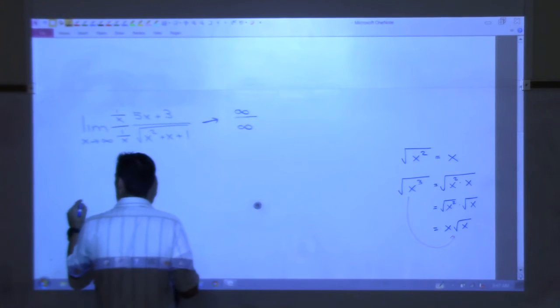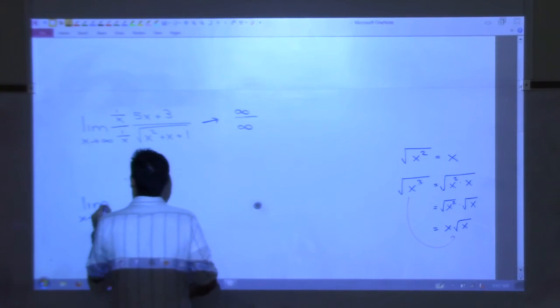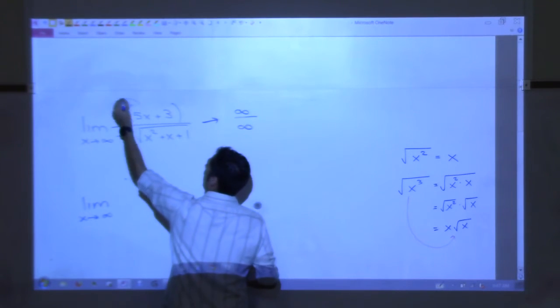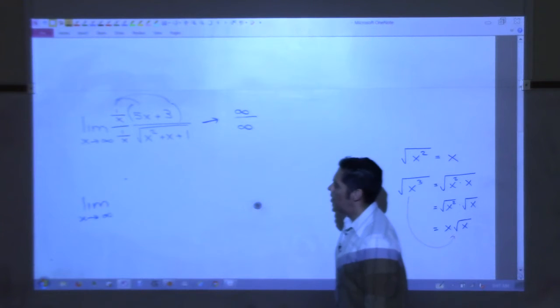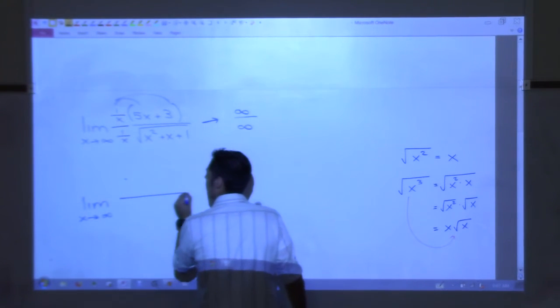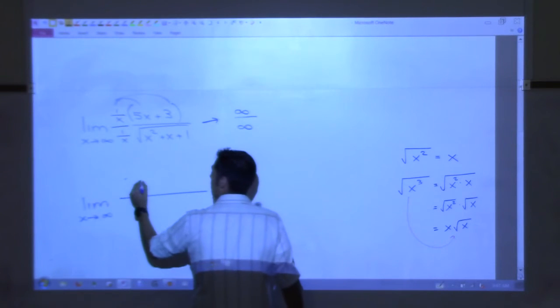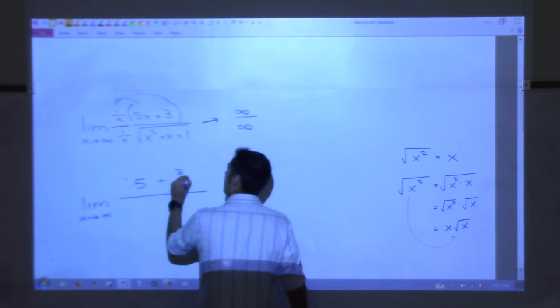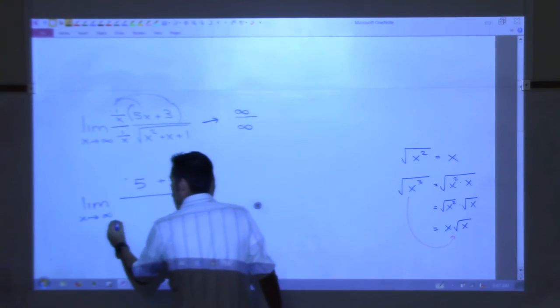Now, on the top, does it get squared? No. On the top, I'm just going to distribute, like that. But on the bottom, I'm going to write the next line out. What do I get on top when I distribute that 1 over x through? 5 plus 3 over x, right? On the bottom, I'll take this a little slower.